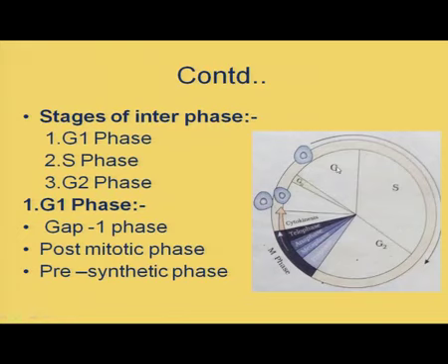So, this G1 phase is known as the pre-synthetic phase. S refers to the synthetic phase. Before that synthetic phase it happens, so it is known as pre, meaning before, pre-synthetic phase.